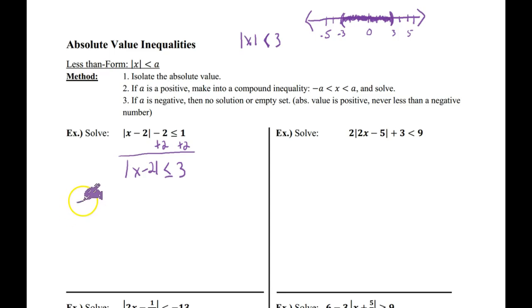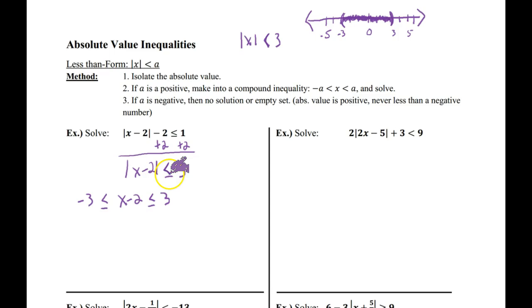So I'm going to tack on negative 3 less than or equal to what was inside my absolute value, less than or equal to 3. This sets it up to include all the values in between negative 3 and 3.